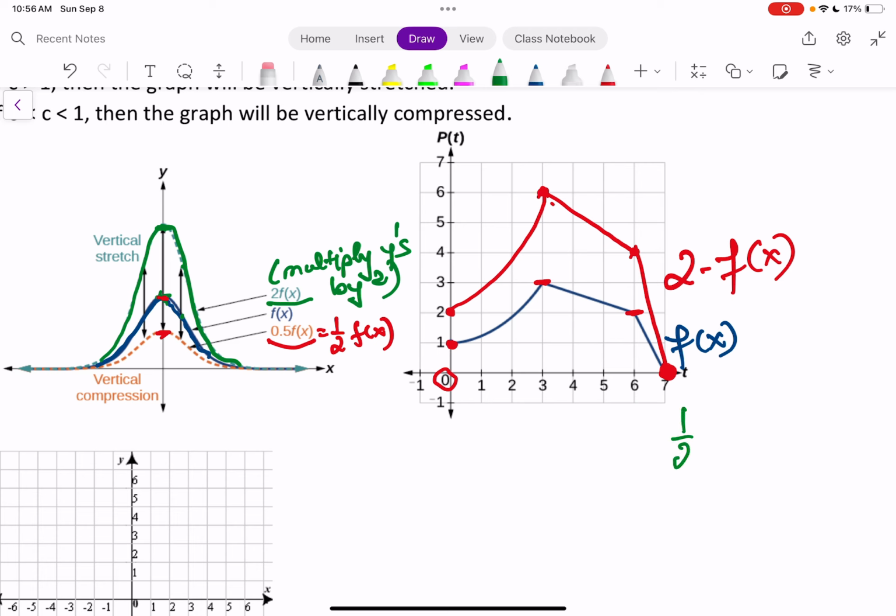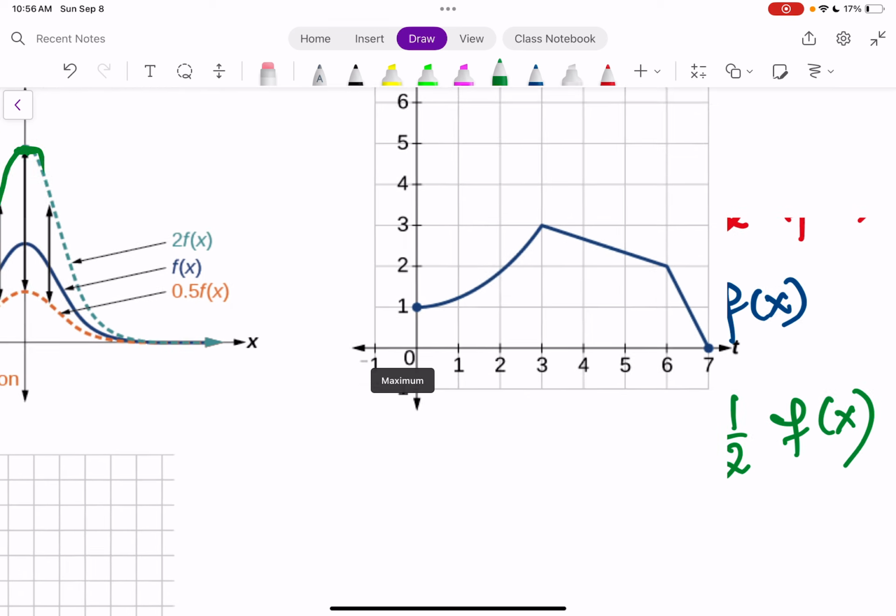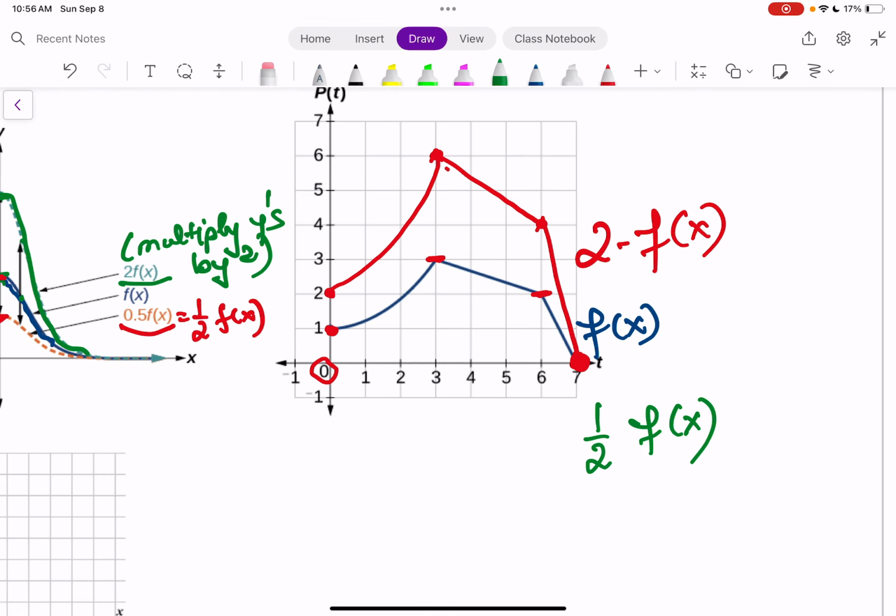What would 1/2 or 0.5 times f of x look like? Okay. So again, this y value was 1. Now it's a half. This y value was 3. Now it's 1.5 or 3/2. This y value was a 2, divided by 2 is a 1.